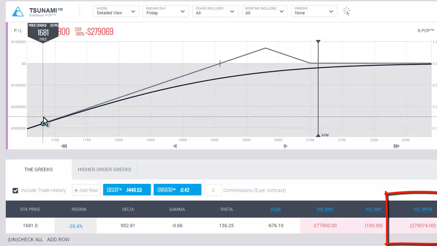So essentially this trade could start with a $72,000 margin based on common portfolio margin calculations. But then quickly this can change to a margin of 279,000.